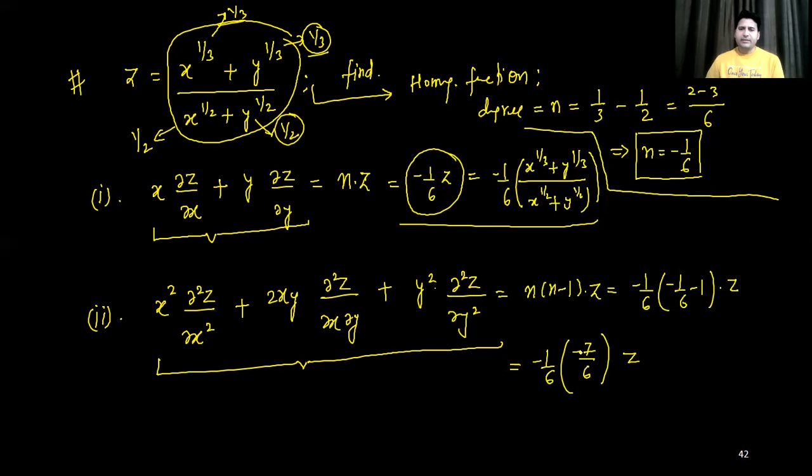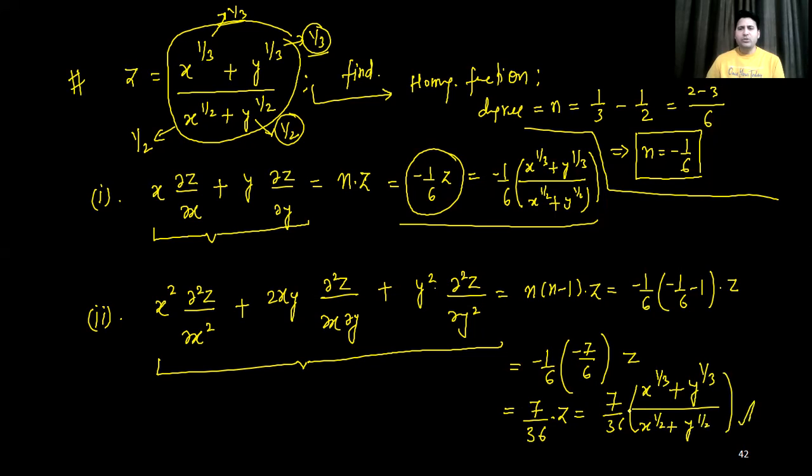That is 7 upon 36 into z. Moreover, if you need to put the value of z, you can do that also: x power 1 upon 3 plus y power 1 upon 3 upon x power 1 upon 2 plus y power 1 upon 2. So these are the answers of these two results, students.